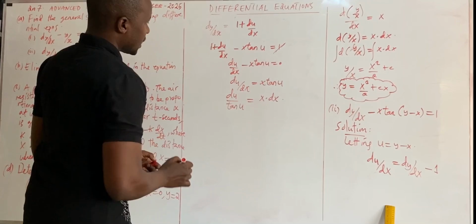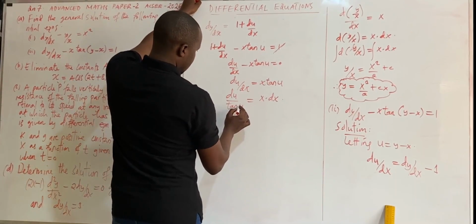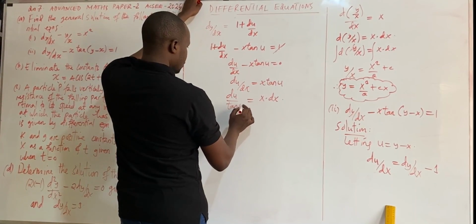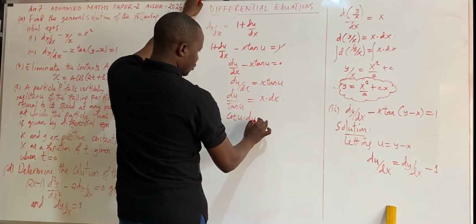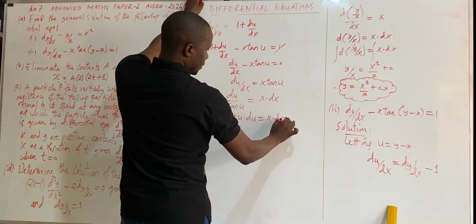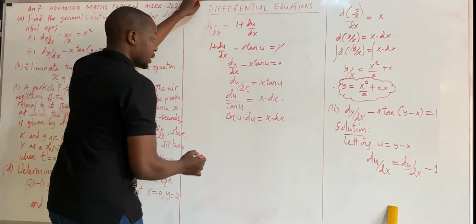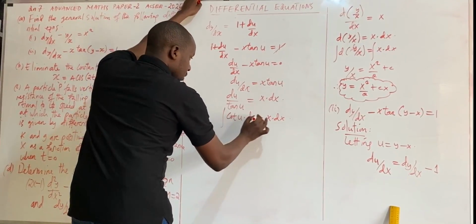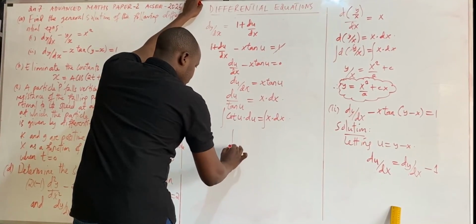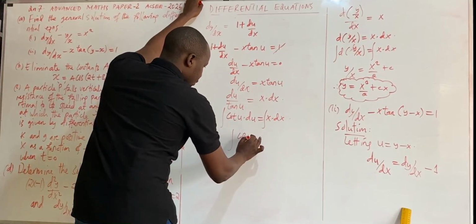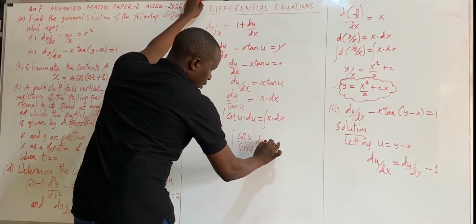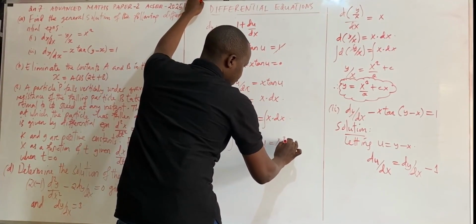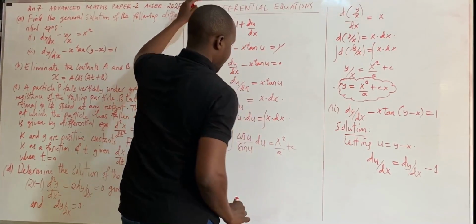And 1 over tan u, we know it's cot u du. Now it is x dx. From here we can apply integration. Integrating cot is the same as cos u over sin u du, equals x squared over 2 plus c.